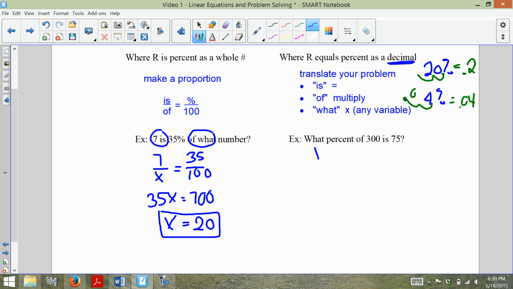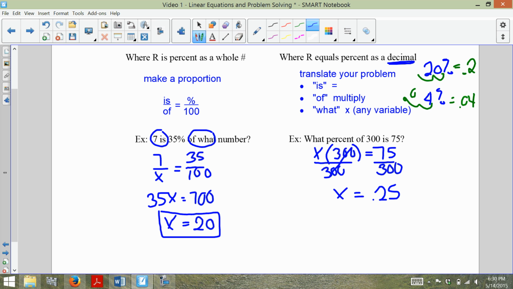So I've got what, we make that an x. Of 300, we multiply, is 75. So x times 300, I can divide by 300 on both sides in order to isolate my x. And so I get x equals 75 divided by 300, which reduces to 0.25.